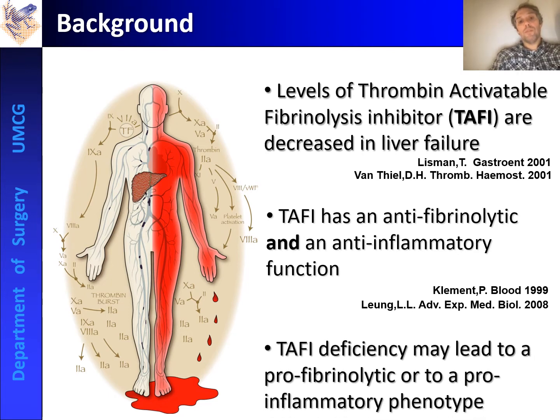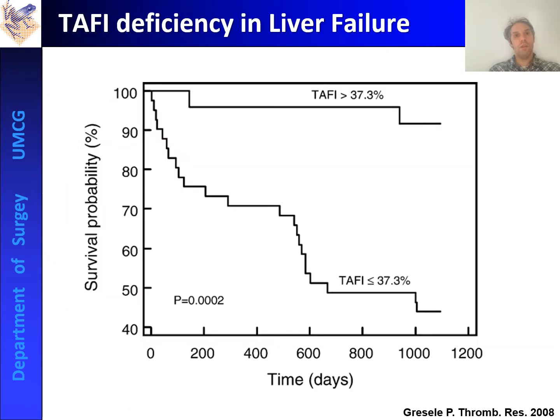Low levels potentially mean that it could lead to a pro-fibrinolytic phenotype and at the same time lead to a pro-inflammatory phenotype. The reason for focusing on TAFI in particular is that we know that patients who have very low levels of TAFI also have a very low survival probability, so a high risk of dying, compared to patients with higher levels.